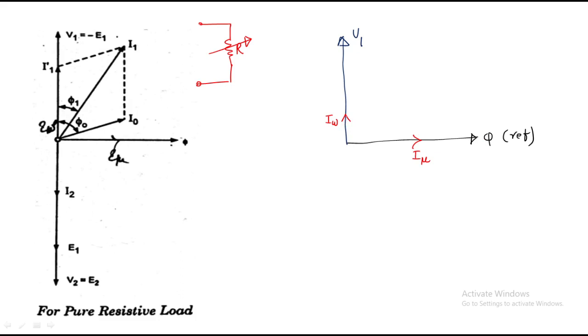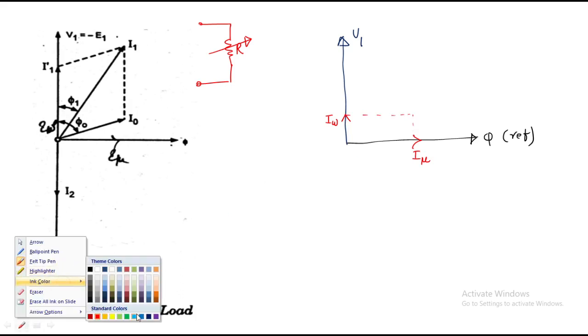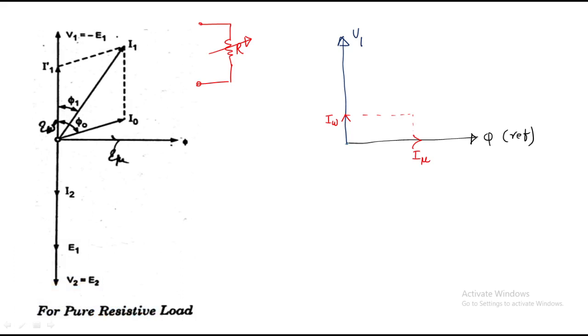What is the resultant between IW and I mu? The resultant between these two is nothing but I naught, right? Therefore, the angle between V1 and I naught is phi naught. This is the no load phase angle phi naught.